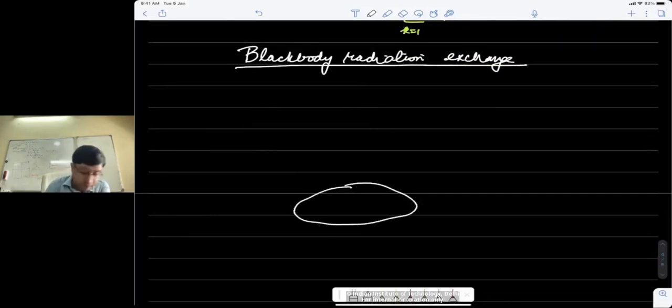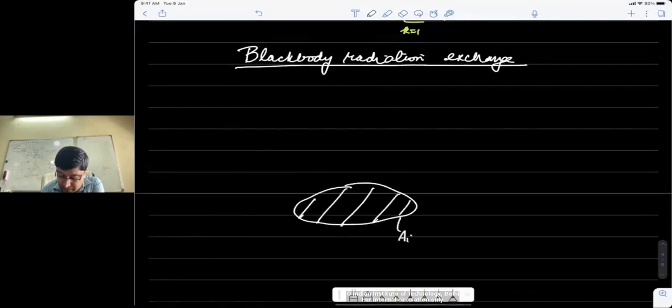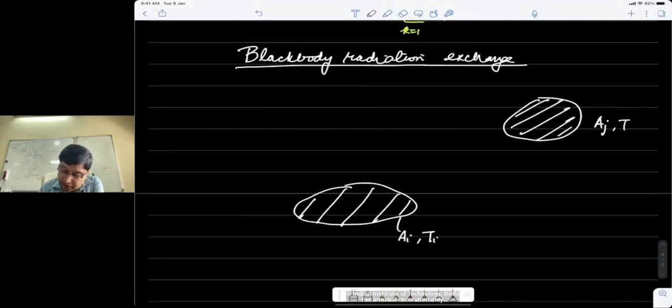Let's say surface I, which is at temperature Ti, and maybe some surface J, which is at temperature Tj. Both have their own normal vectors, although they would not be important here, as you will see.